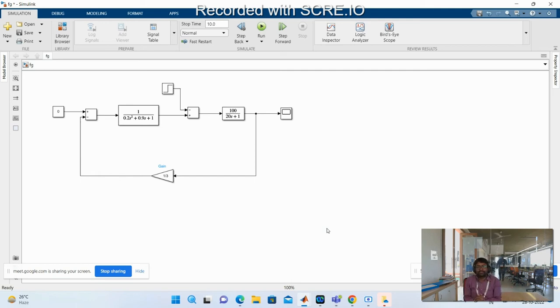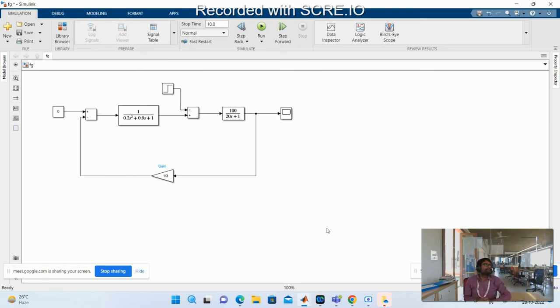Now tell me, based on yesterday's discussion, how does your output look? Fluctuation. Initially it is fluctuating, later it goes to the steady state value, right? Initially it is oscillating and finally goes to a steady state value, a certain frequency deviation.